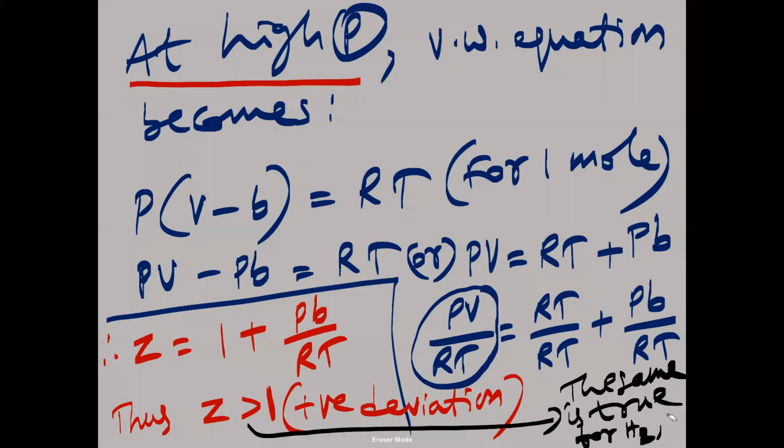For helium and hydrogen gas also, we have to consider the same equation. These two gases always show positive deviation from ideal behavior, right? Now we'll check how we can apply this equation for hydrogen and helium. Take the screenshot now.